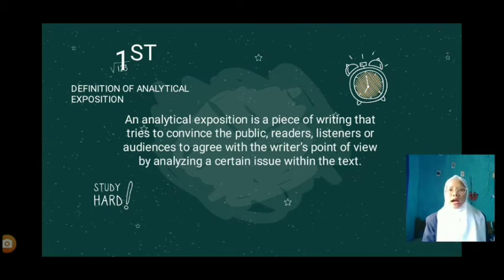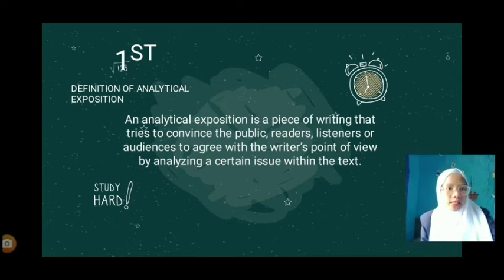So, it is a piece of writing that tries to persuade the readers, listeners, public, or audiences to agree with the writer's argument or the writer's perspective about a certain issue or a certain phenomenon. Okay, have you caught it? Have you got the definition of analytical exposition text?